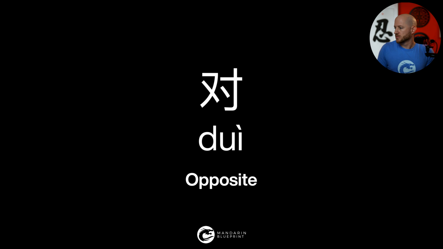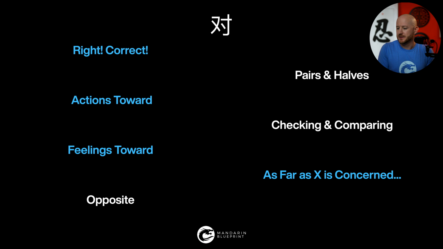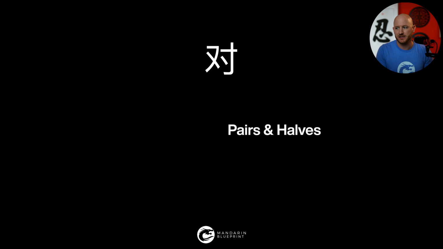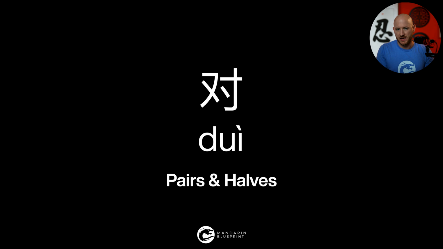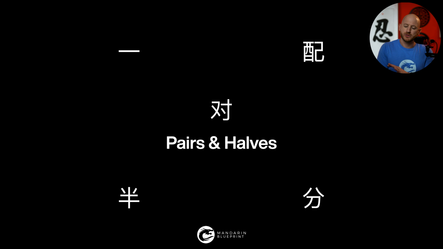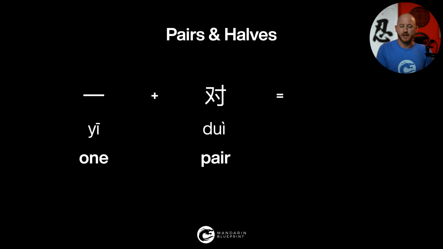So, we've covered how it means opposite. You can also use 对 to talk about pairs and halves. It's kind of interesting because you can use it as a measure word in this context. For example, suppose you see 一对. If you have 一对, one pair, well, this actually is just a measure word.